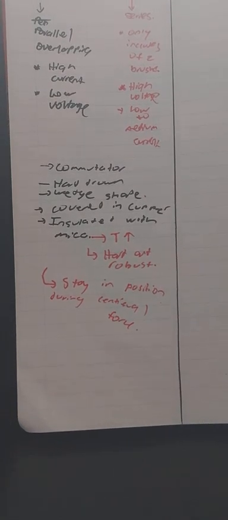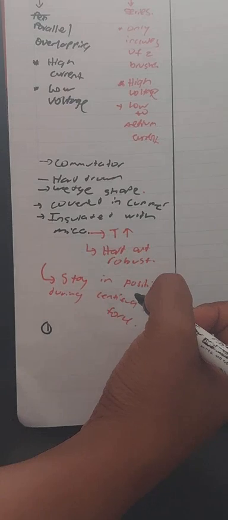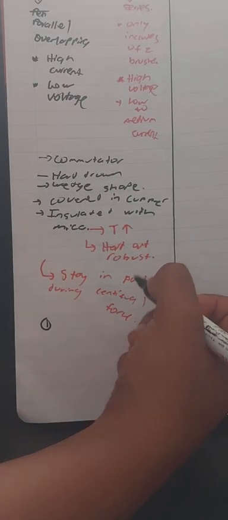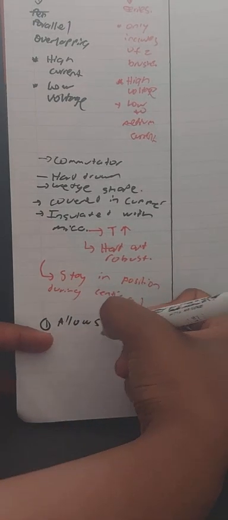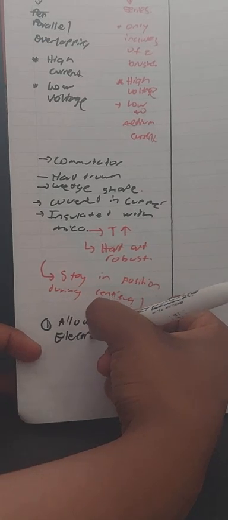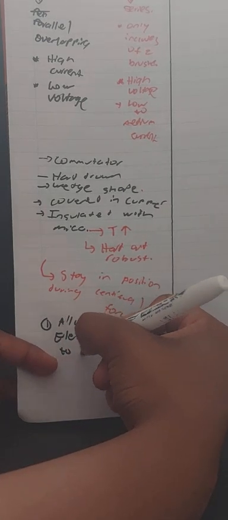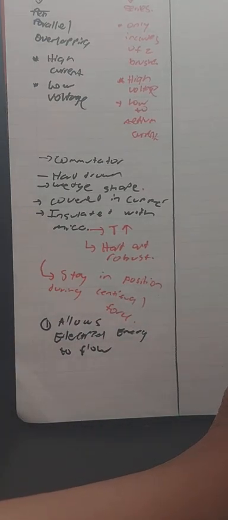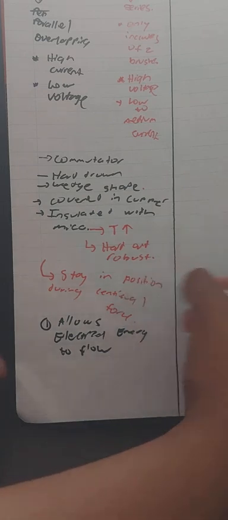What are the functions of commutator? Function number 1, the commutator allows electrical energy to flow within stator and rotor by means of brushes.